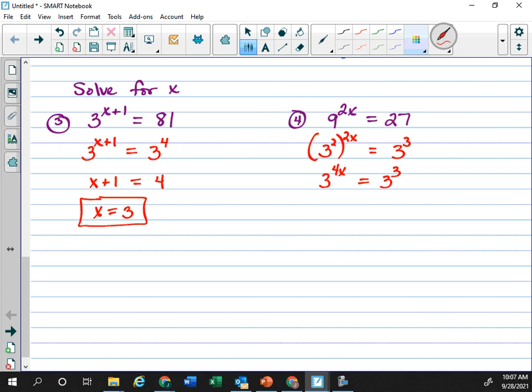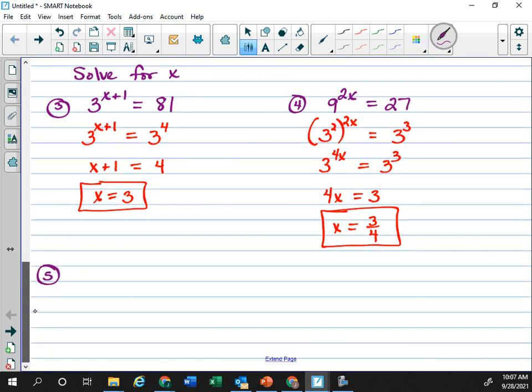Bases match, you can set your exponents equal, and then it becomes a pretty simple equation. Okay. Questions so far? All right.